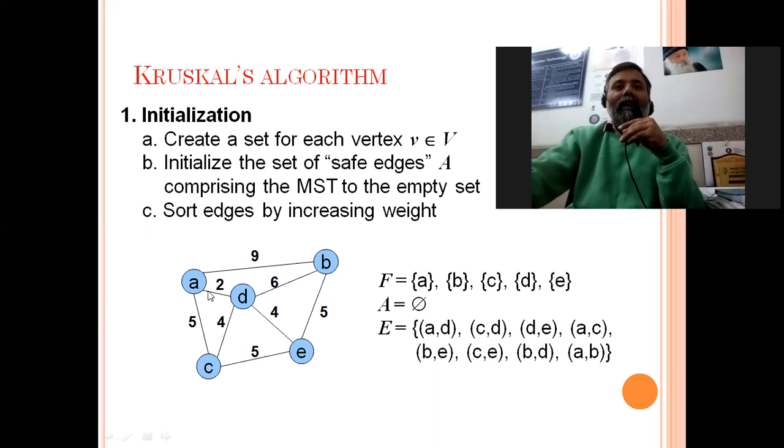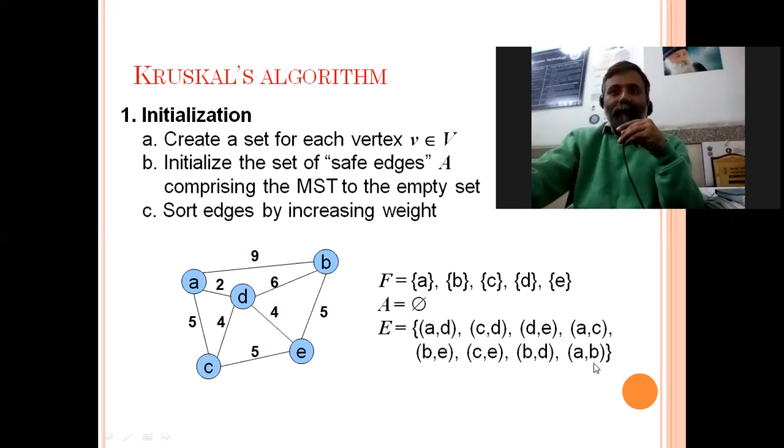We can write here DE or ED because it is an undirected graph, so both are equivalent. So in this way, we will sort all these edges according to their weight. So you can see AB having the largest weight is at the last point.